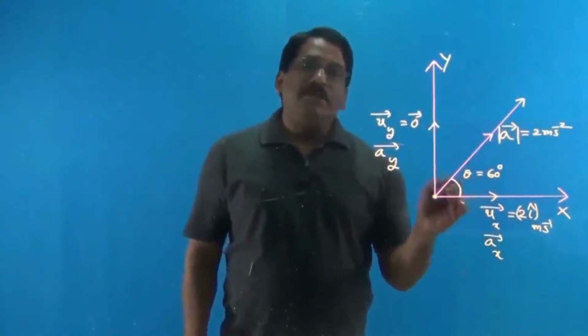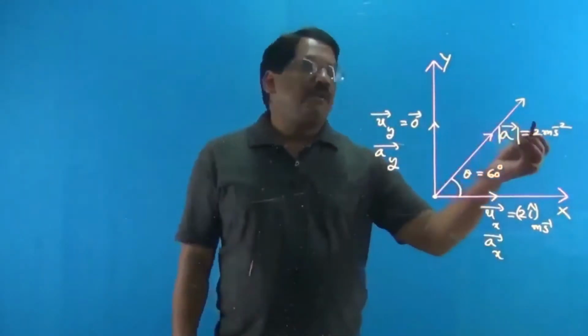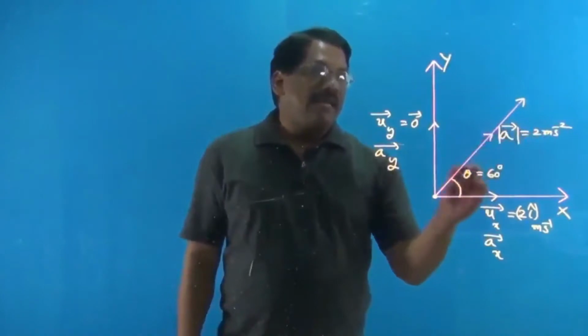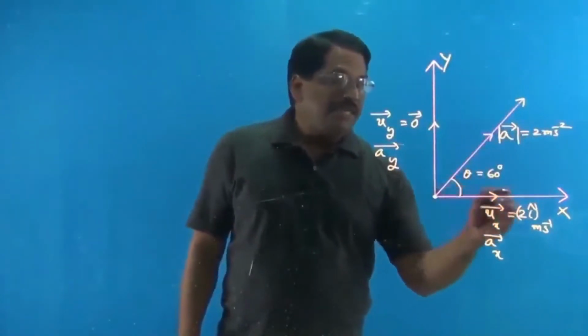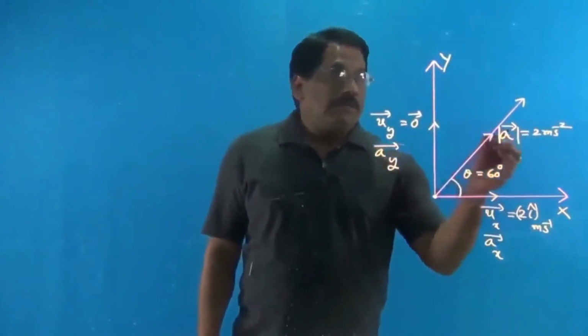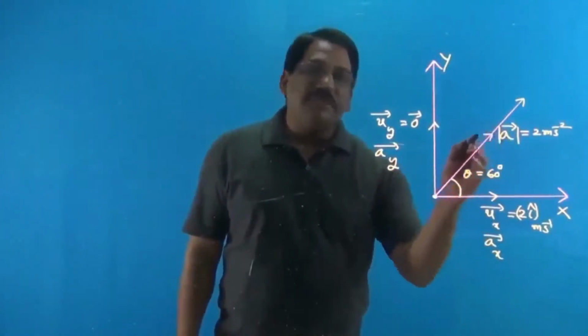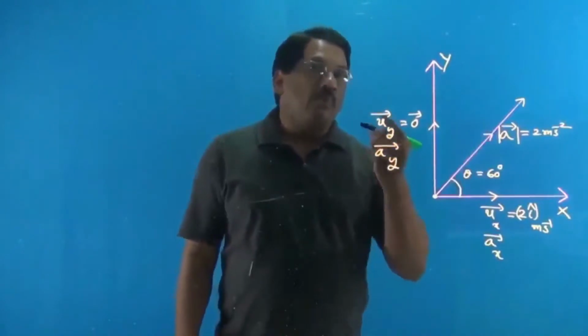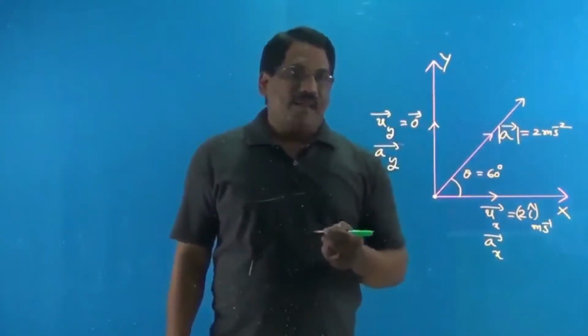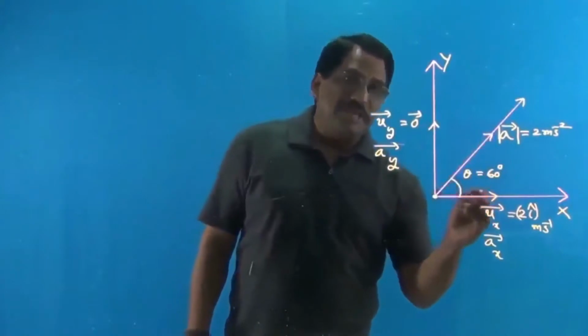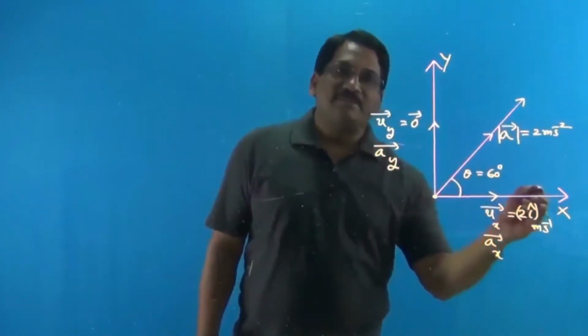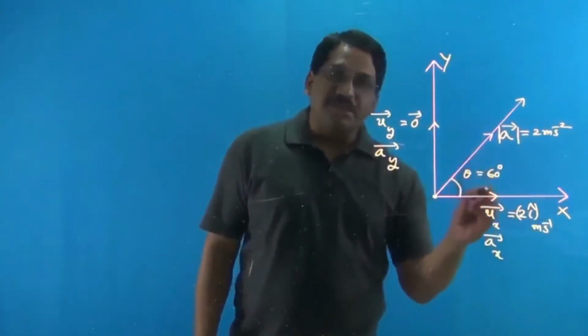And it is subjected to an acceleration of 2 meter per second square, making an angle 60 degrees with the initial direction. Now, this acceleration, which is acting at an angle 60 degrees with the initial velocity, will have two components. One component will be in the initial direction, that is along the x-axis, that is a cos 60 degrees.